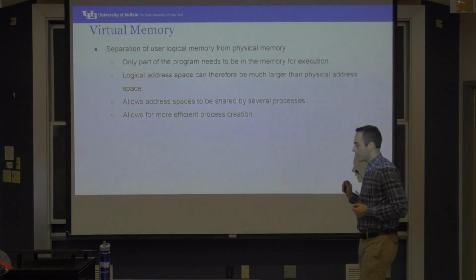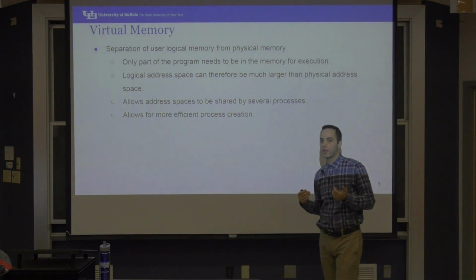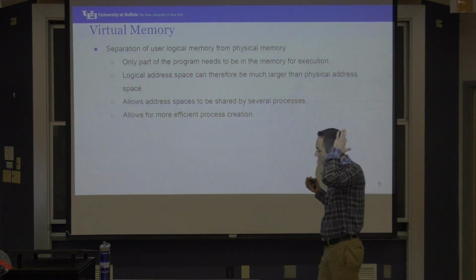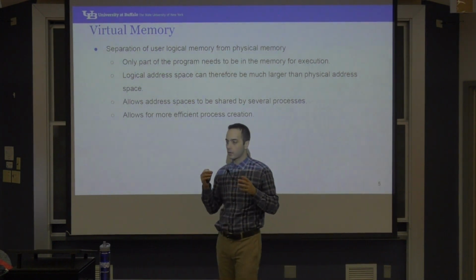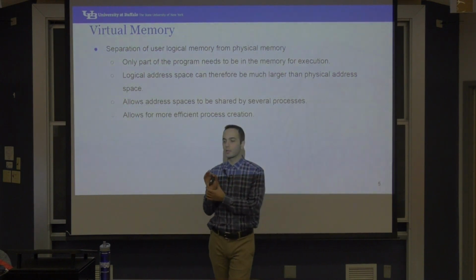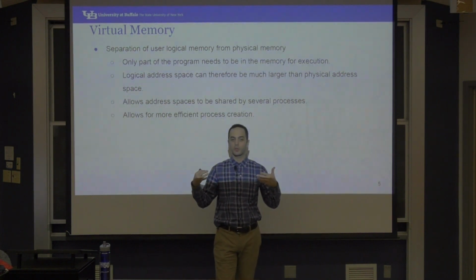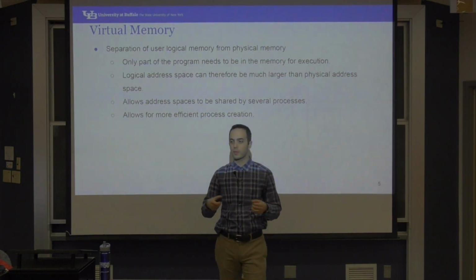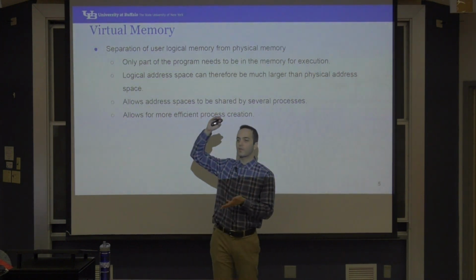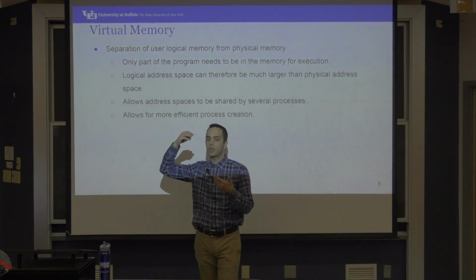Basically, virtual memory is a separation between the logical address space and the physical memory available on the system. Last session we talked about the separation of the logical address space of a single process from physical memory by introducing a mapping of pages to frames. If a process has a 32-bit address space, it's not usually using all of that.